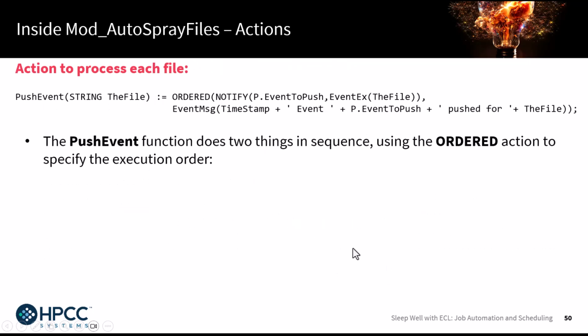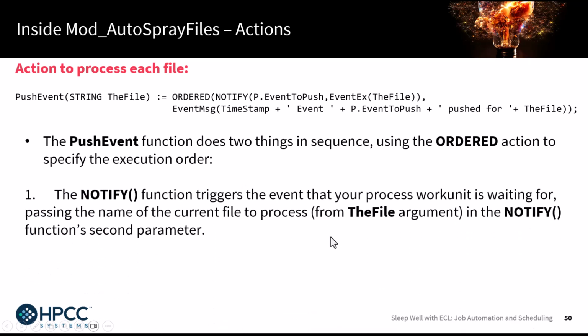All right, our actions to process each file. We have another function called push event. Push event is passing a parameter to an action called ordered. Once again, ordered is a form of sequential, and we talked about the use of ordered earlier. The push event function does exactly two things in sequence, using the ordered action to specify the execution order.